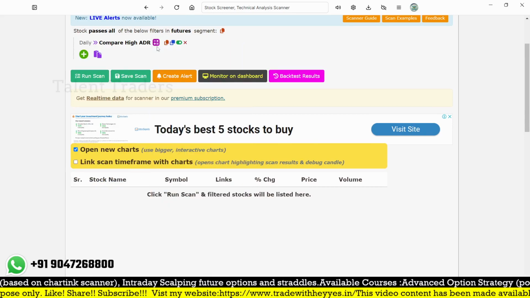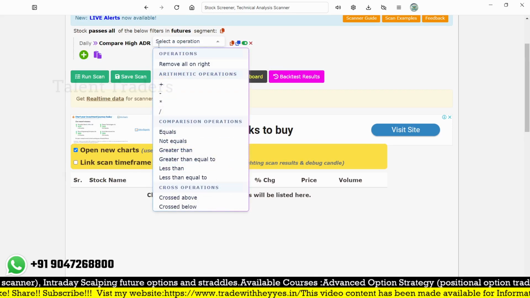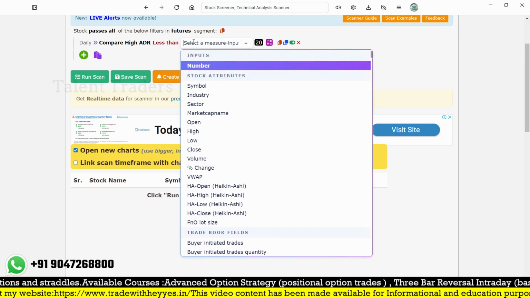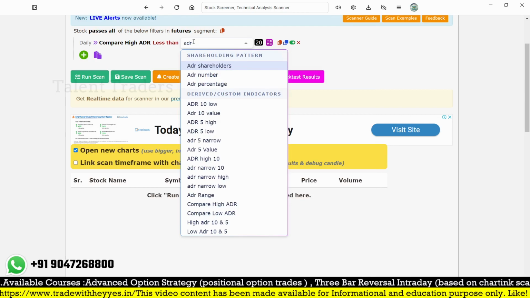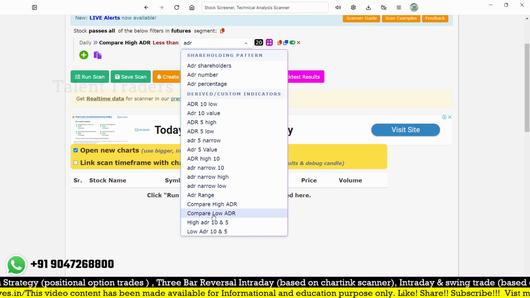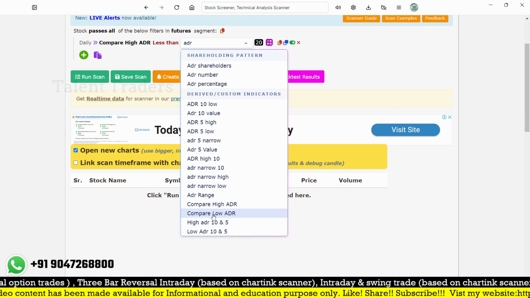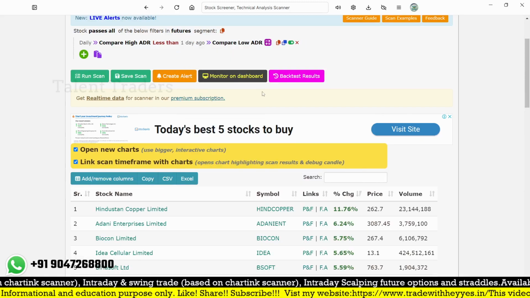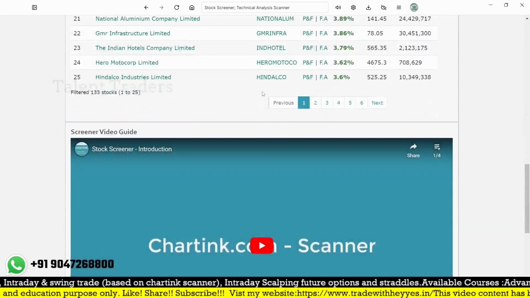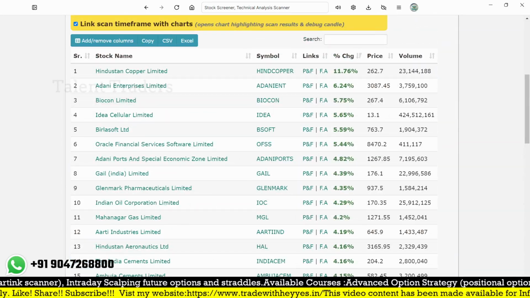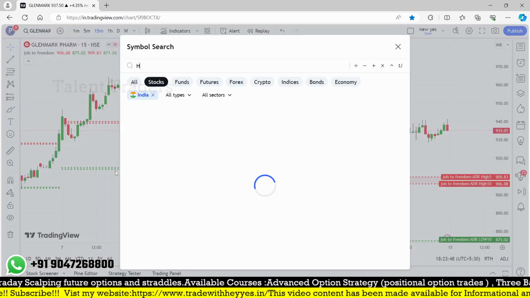So the daily ADR must be less than the ADR one day ago. Let me check whether it is right. Then you can incorporate this many stocks, whether I'm right or wrong. Almost 133 stocks. I think I just made a mistake.